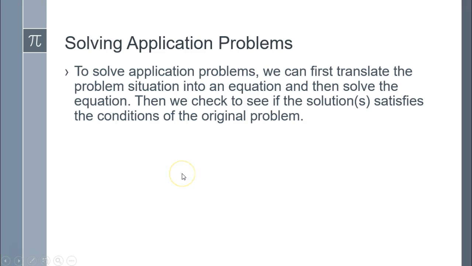Examples of where a solution to an equation might not make sense is if you're asked to find a width and you get two answers and one of them's negative. Well, the width of something won't be negative, so you can ignore the negative answer and only choose the positive answer. That's just one example of making sure that the problem is answered with an answer that makes sense.